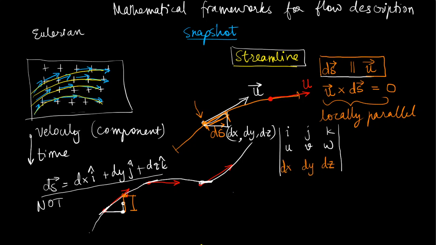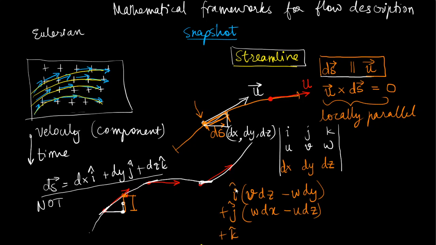It will be this. The i component is v dz minus w dy. The j component is going to be w dx minus u dz, and the k component is going to be u dy minus v dx.